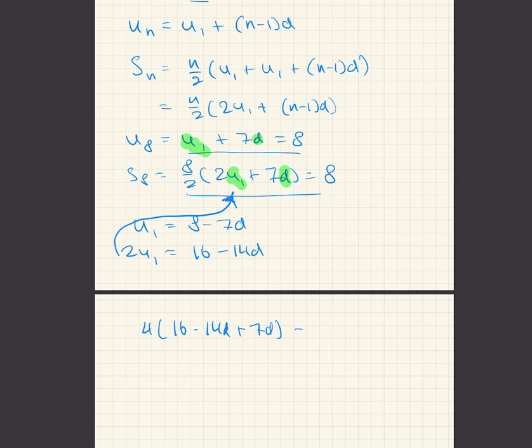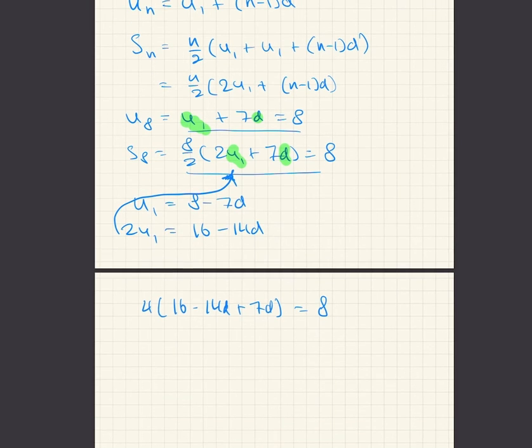So that means that 16 minus 7d is equal to 2. So that means that 14 is equal to 7d, which means d is equal to 2.